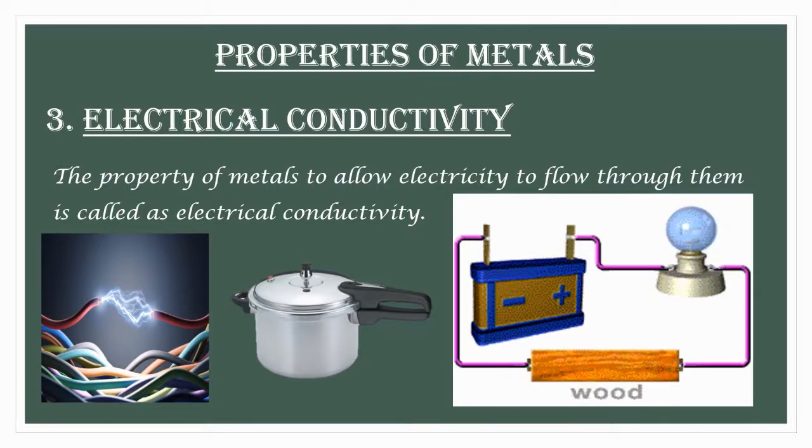By providing a plastic handle, we prevent the flow of heat from its metal body towards us, thereby avoiding the risk of any injury. So we can say that the property of metals to allow electricity to flow through them is called electrical conductivity.